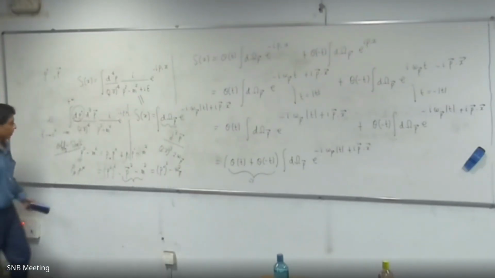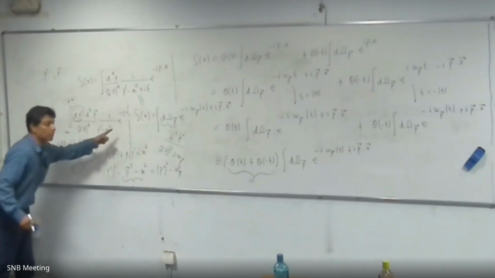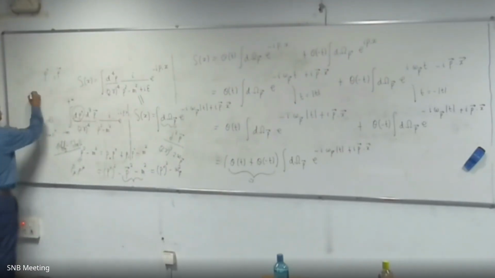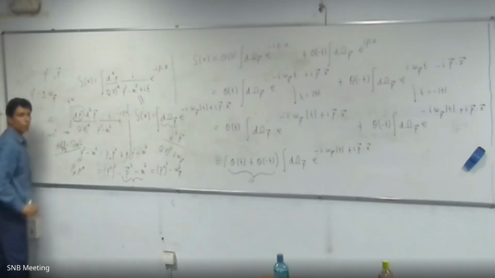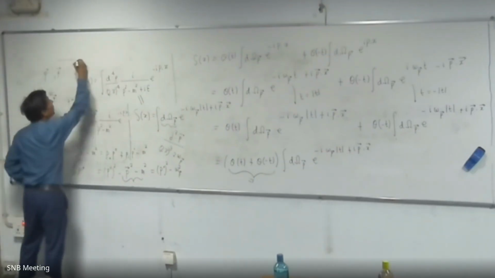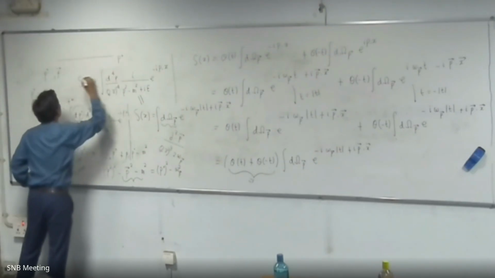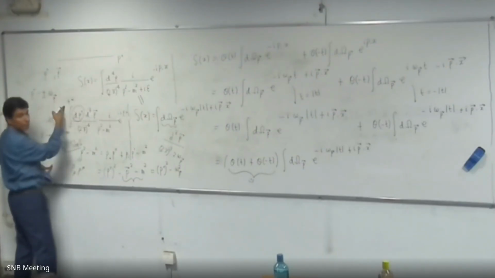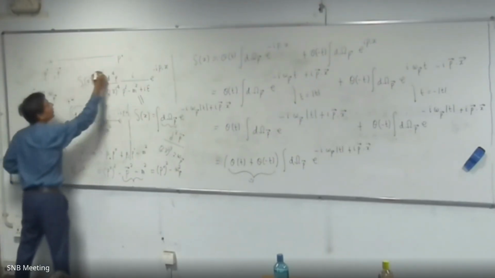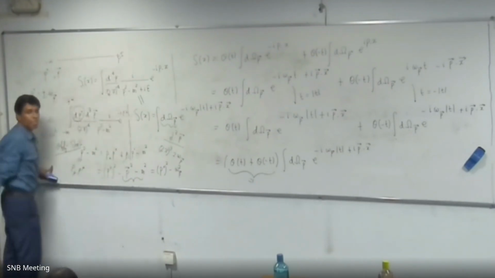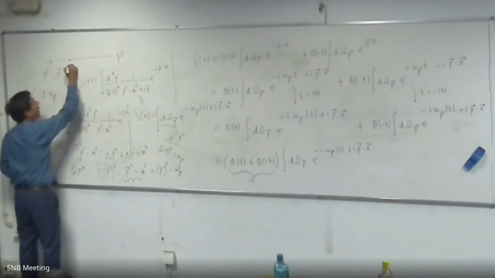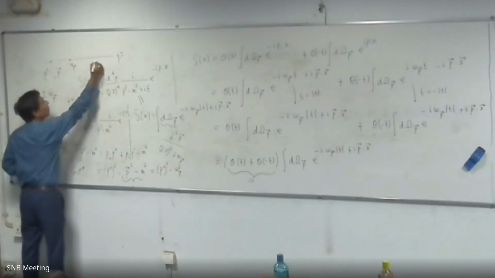So that means this integration has poles at p0 equal to plus minus omega p. If I want to do the p0 integral from minus infinity to plus infinity, the poles are at minus omega p and plus omega p.